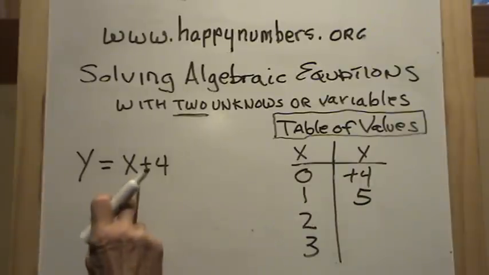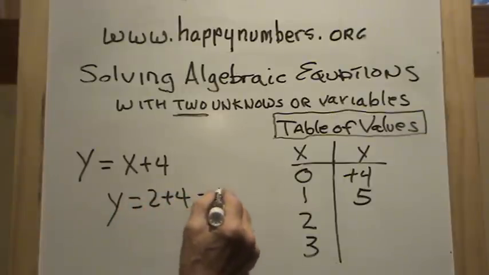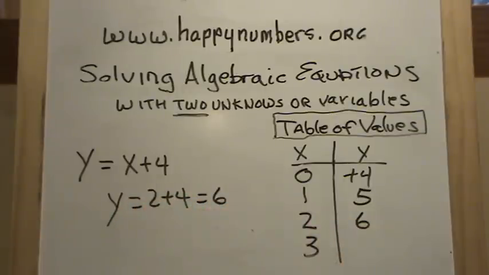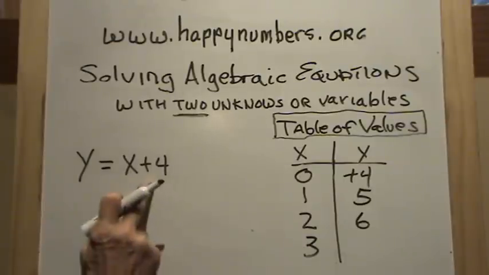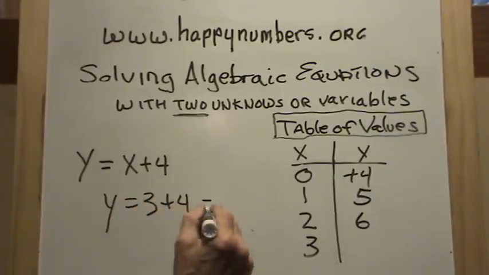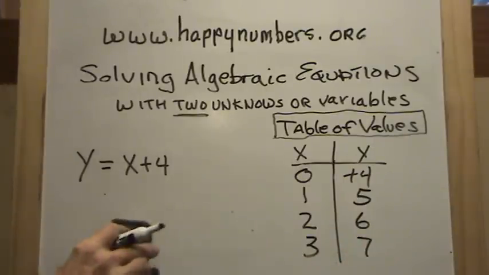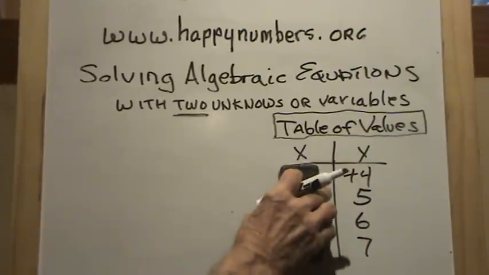If x is 2, y is equal to 2 plus 4 equals 6, and you can see the pattern here. And if x is 3, then y is equal to 3 plus 4, which is 7. Well, good. This is a pretty simple skill set.